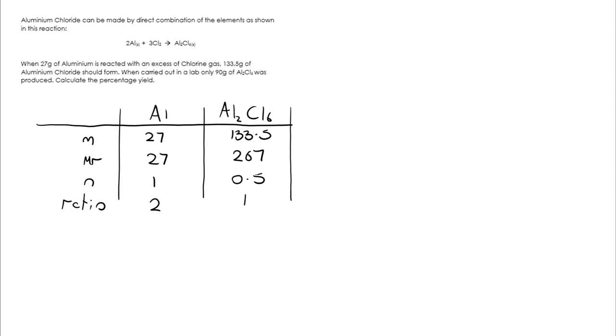Multiply those together and I get 133.5. Now you can actually see that had already been provided, so all of that is actually unnecessary on this question, but it's good practice to see how we get there. My actual mass was 90, divided by my theoretical maximum mass, 133.5, multiplied by 100, and we get 67.42%.